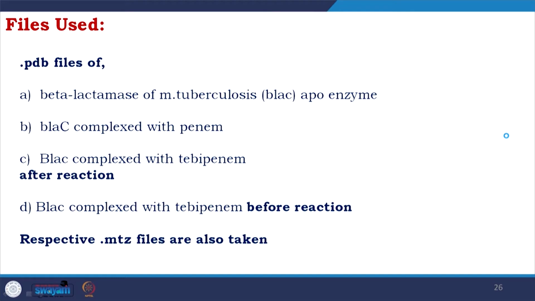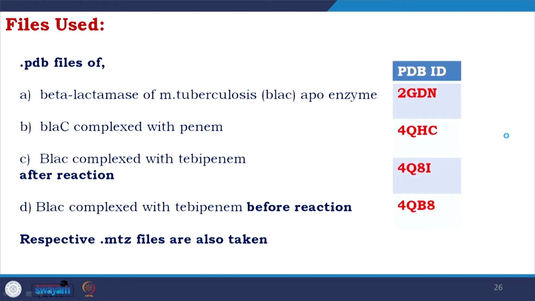And we also take the respective map files. So, the PDBs we have taken are 2GDN, 4QHC, 4Q8I and 4QB8. You could go and download them from RCSB as I have shown before, and you could easily follow what I am doing. So, with them I will take you to the demonstration part.